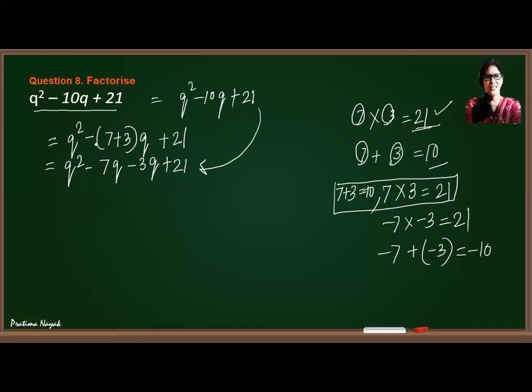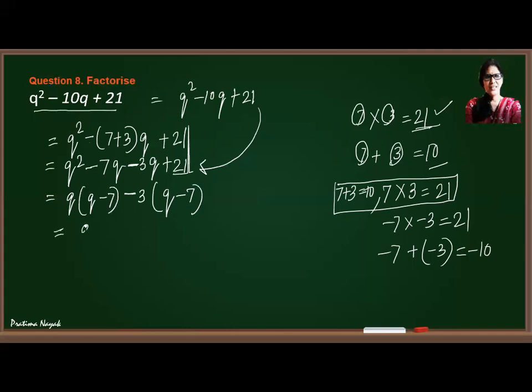But here I am putting the negative, and both are negative. So now taking common: if we take q common, minus 7 will remain, and take care of this sign, it will be minus 3. Then it will be q, and out of plus 21 you have taken minus 3, so minus 7 will be left.